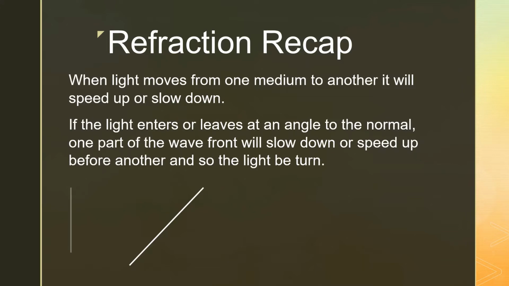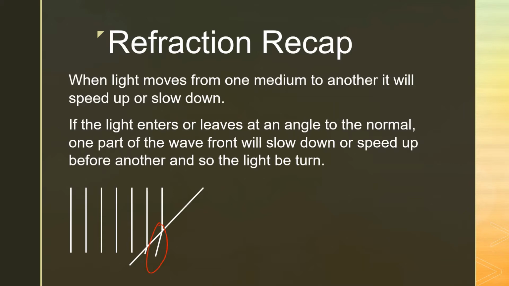Well, if we look at this wave approaching this barrier, when we get to this point here, this section down here has entered the denser region, or the shallow region first, and has therefore slowed down. If we then move on again, this one now here has again slowed down, and has therefore fallen behind the rest of the wave.